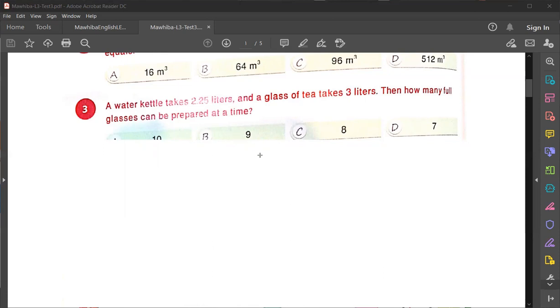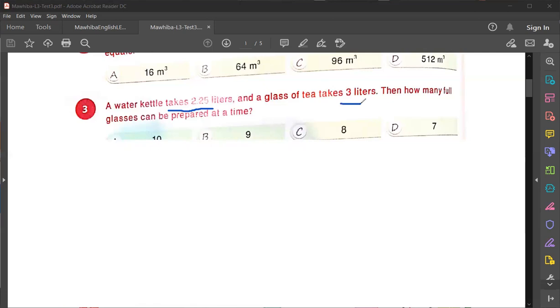I think it is easy, right? Look here. We have 2.25. A water kettle takes 2.25 liters, and a glass of tea takes what?